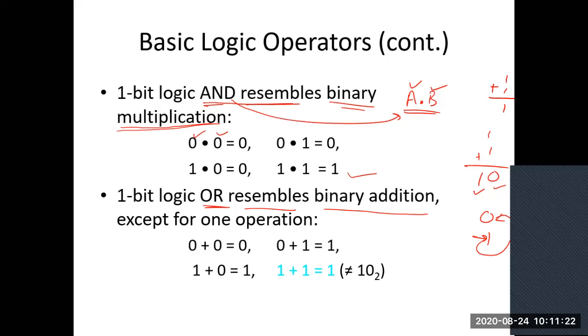In terms of signal, 0 means you are not sending anything, 1 means you are sending something. In terms of voltage, 1 means you are having some voltage, 0 means no voltage.